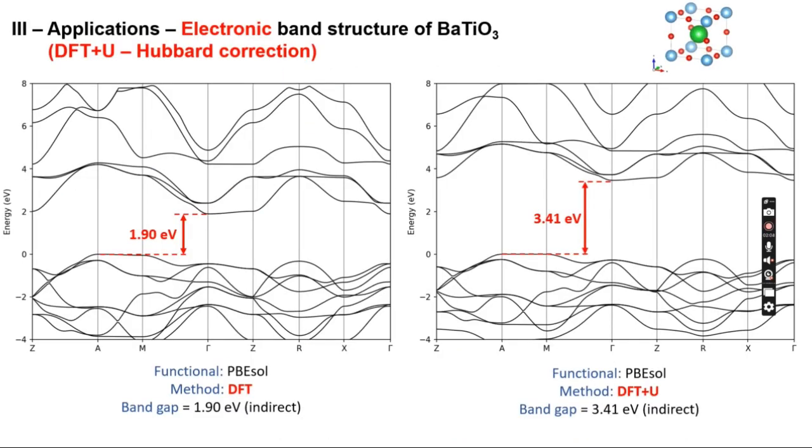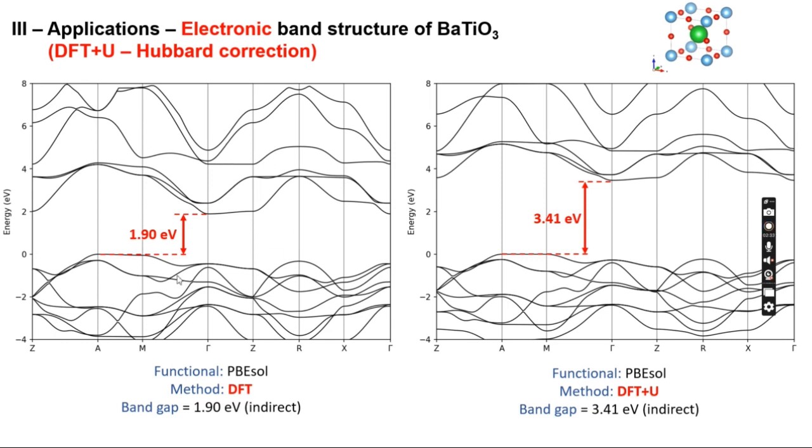Now, just to give a qualitative idea about what happens upon applying the DFT+U correction in the calculations and its practical implications in modeling electron transfer and light absorption, I am taking here the case of barium titanate, which is a ferroelectric material, as an example. Here are the band structures of BTO.